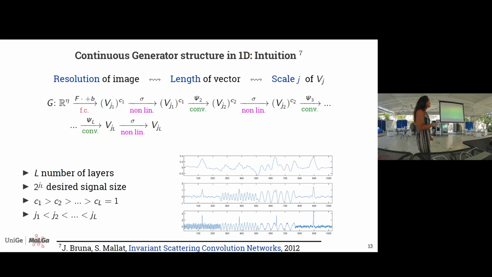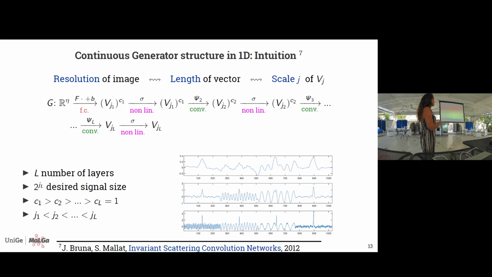In this image, we can see the philosophy behind the generator, that is passing from coarser scale to finer scale. At each layer, we pass from a coarse representation to a finer representation, until having a very fine image, or vector in this case.